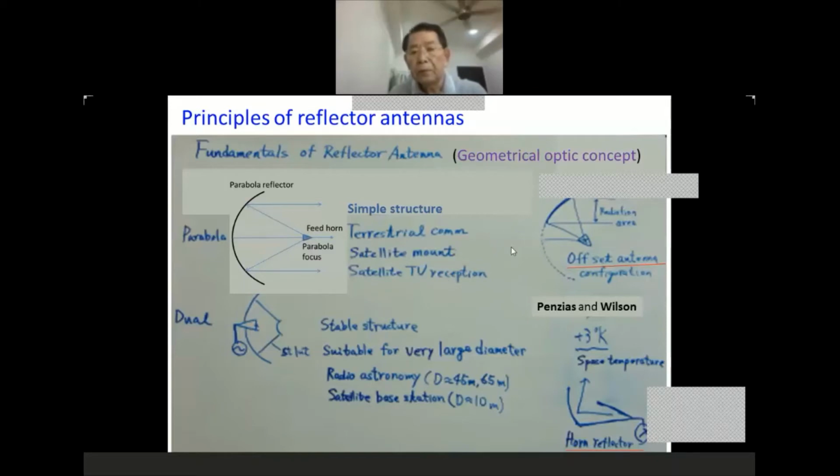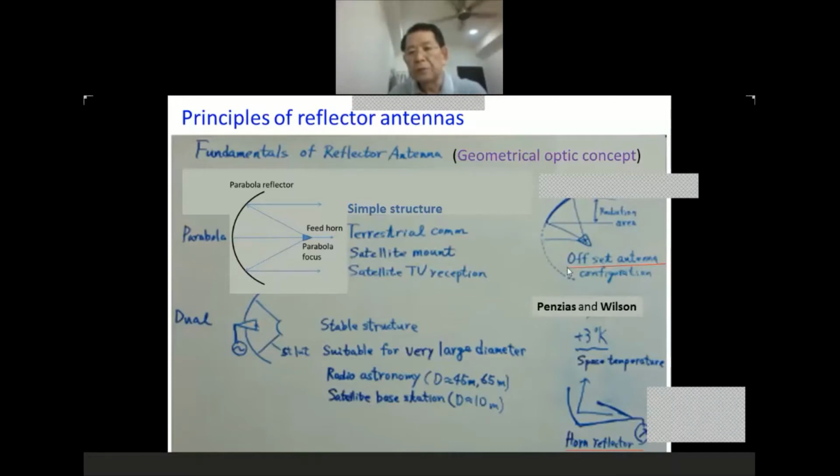However, this is not suitable to install in your home. So this style is used: not only the center part, but some part of the reflector is used for satellite TV reception.